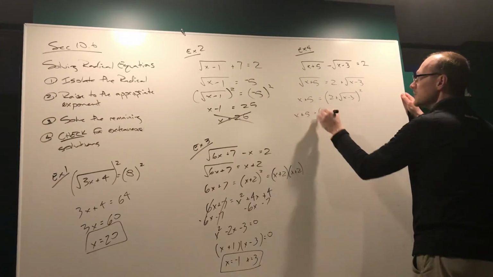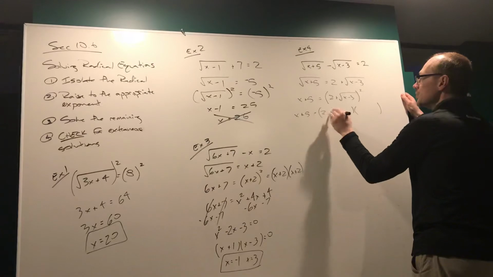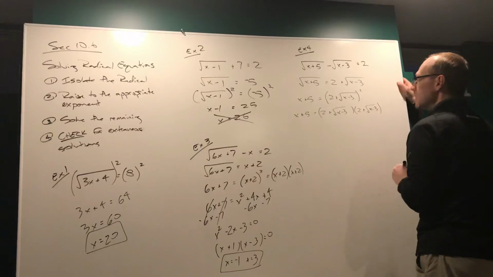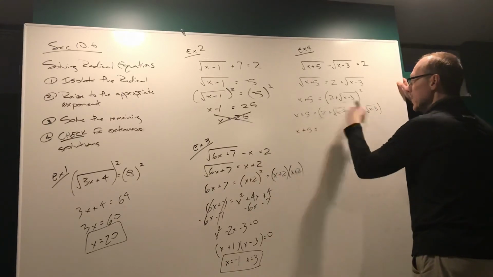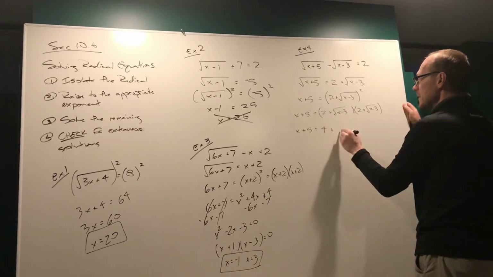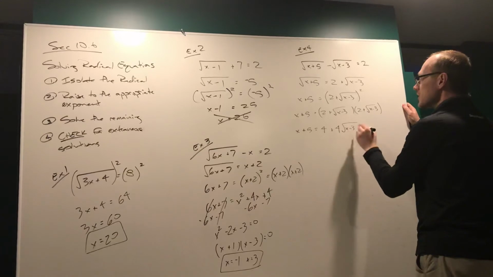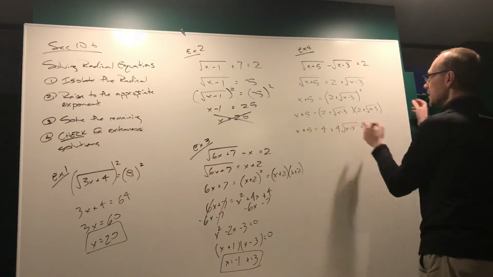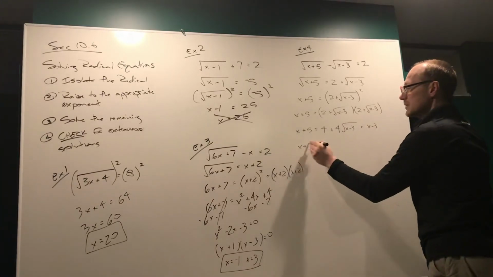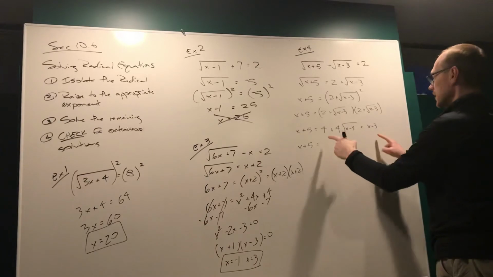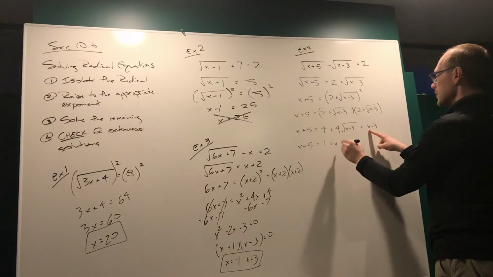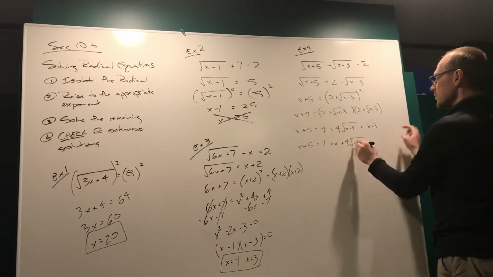So I've got 2 plus the square root times 2 plus the square root. That's 4 plus 2 and 2, that makes 4 of these square roots, plus this thing squared is x minus 3. So I've got x plus 5 equals 4 minus 3 is 1 plus x plus 4 square roots of x minus 3.